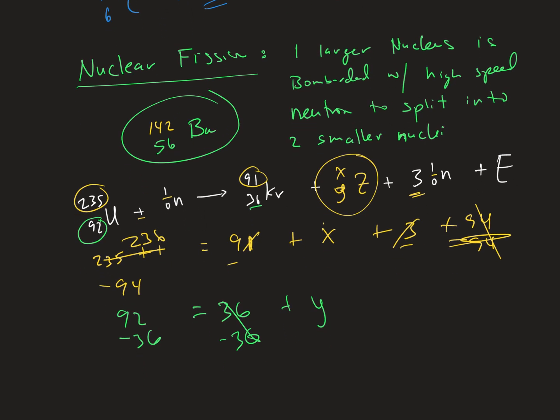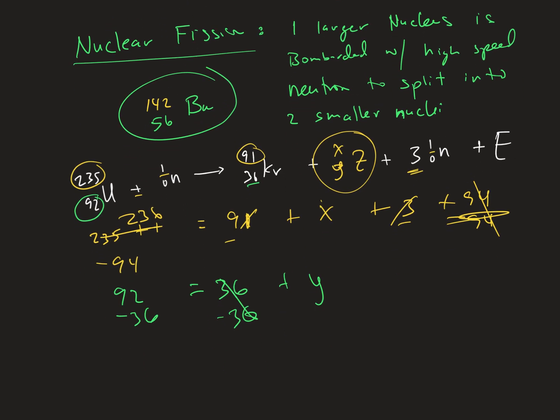So it's left 56. Does that make sense how we got that? But I didn't see 56 on the top. Right here? I was doing the bottom numbers. This is 36.